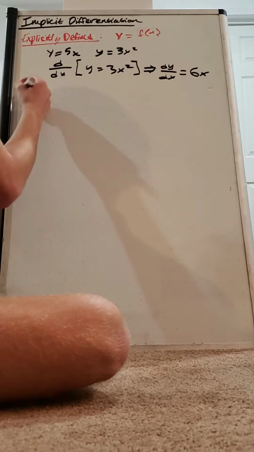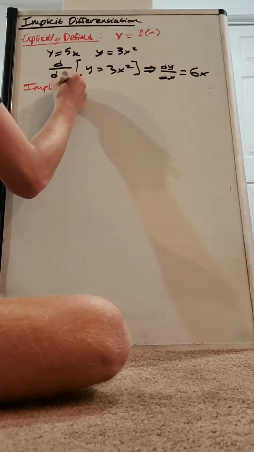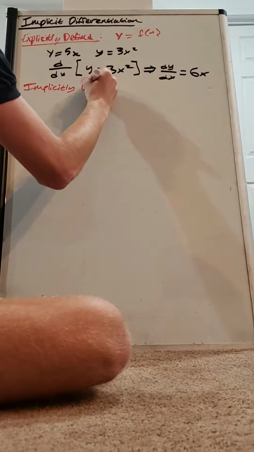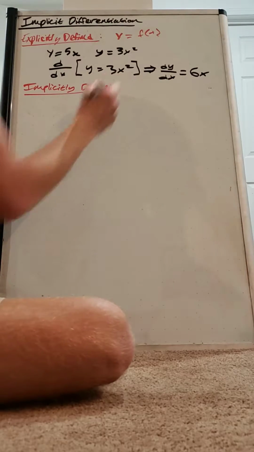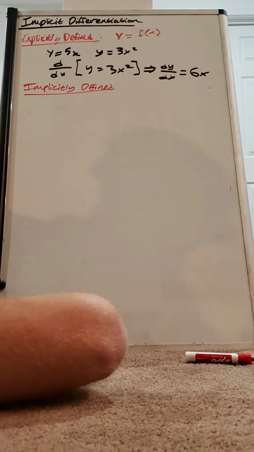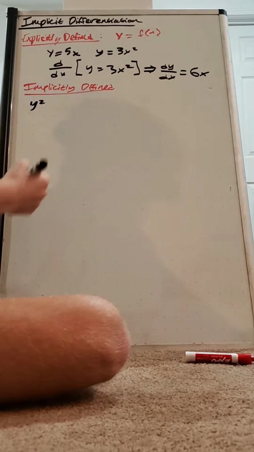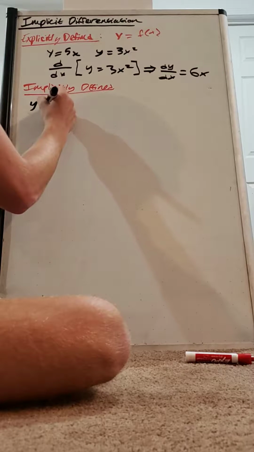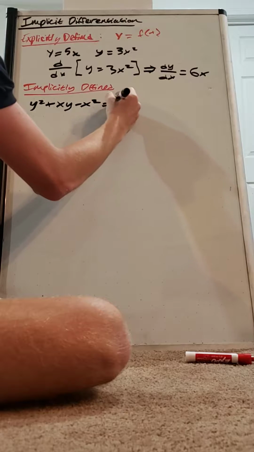But if we have an implicitly defined function, that's something that can't just be written as y equals a function of x. An example would be, like in our notes, y squared plus xy minus x squared equals 3.